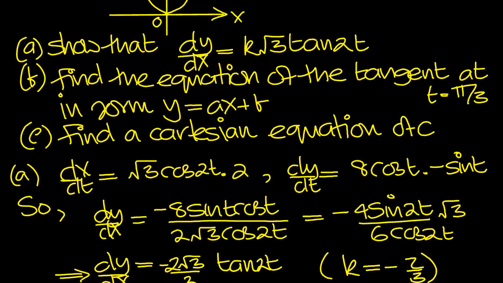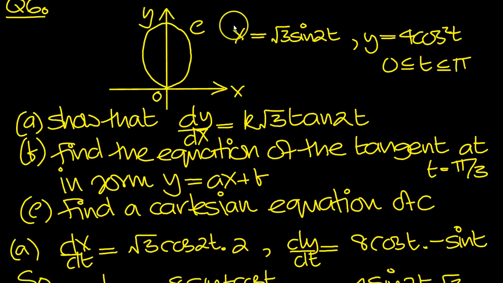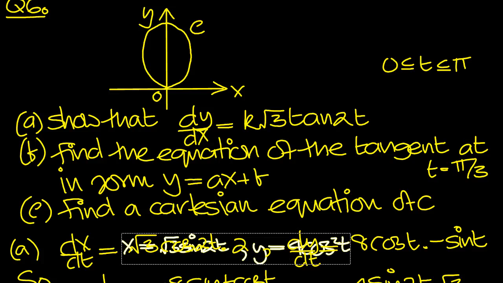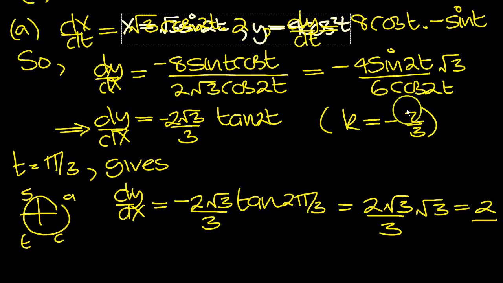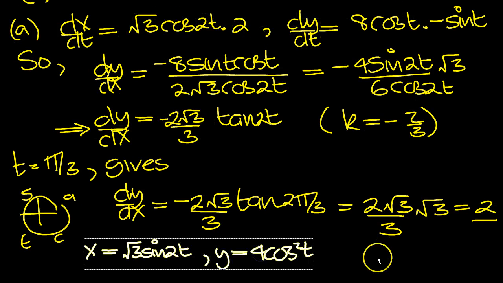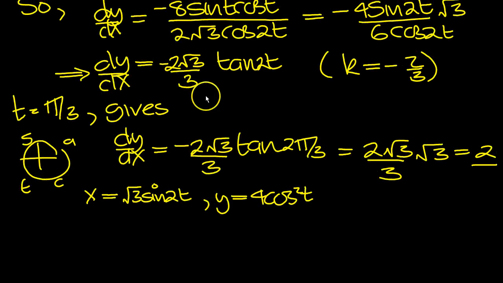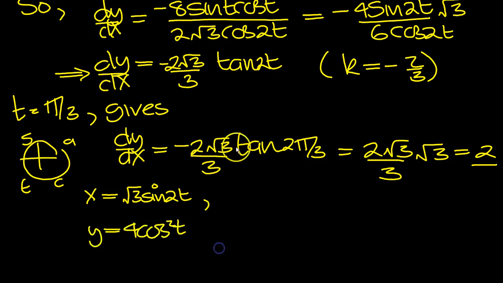X is equal to, so I'm going to copy these now, because we need to work these out. So let's just take them down and work with these. Okay, so that was dy/dx. X is equal to and y is equal to then. So here x is equal to root 3 sine 2 pi over 3, isn't it?